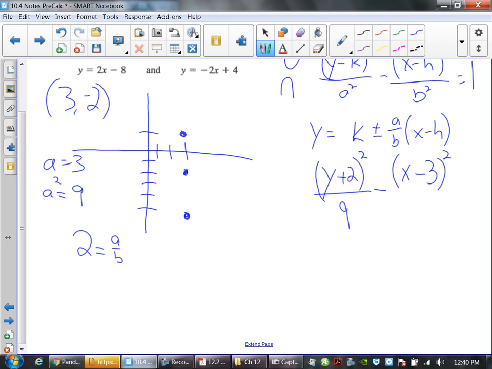In that formula, which one of those do I know? A. So I know that 2 has to equal 3 over b. Oh, 3, thank you. Sorry, I got so used to writing that.